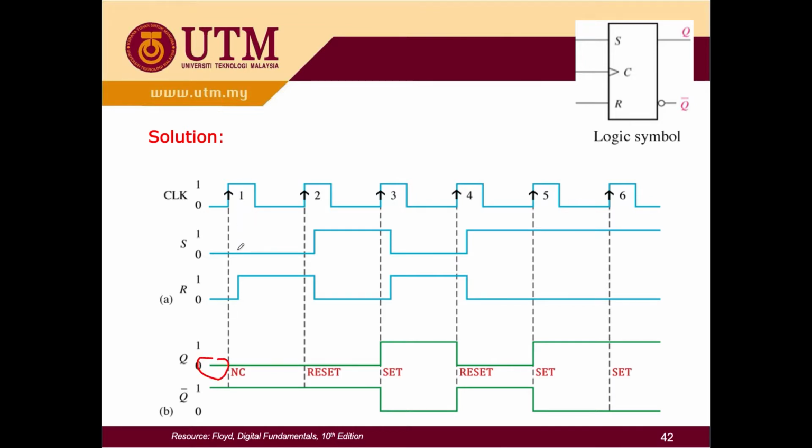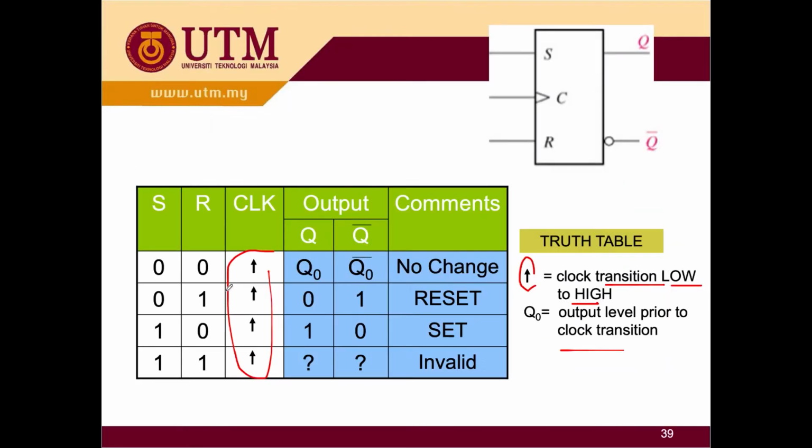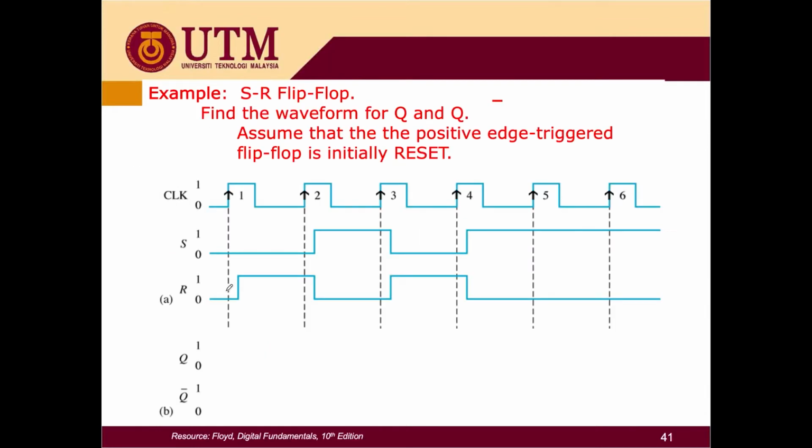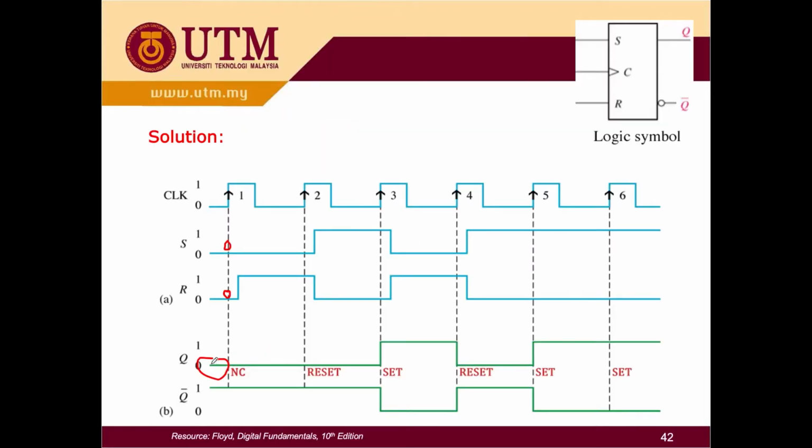And what happens over here depends on your value, 0, 0. So you refer back to your truth table. 0, 0 is no change. So that's why you will get it like this, until the next value of clock.